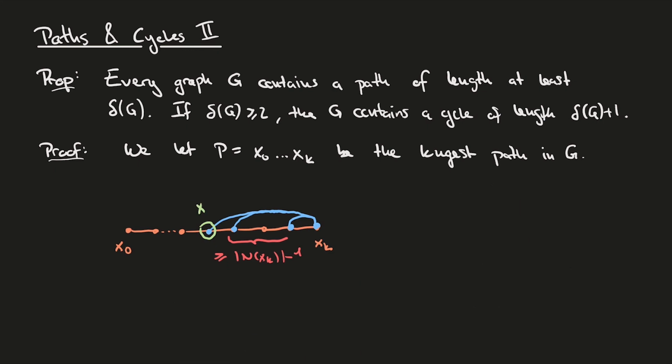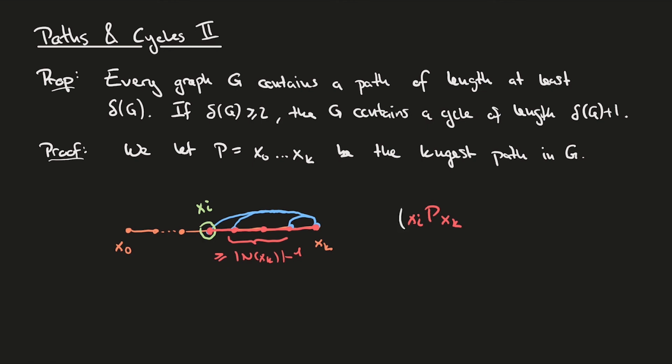If we call the neighbor of lowest index xi, we can look at the path that goes from xi along P to xk. This is the path that I'm now drawing in red. We know that this path has at least the cardinality of the neighborhood of xk minus 1 internal vertices, and then we have the two additional vertices, xi and xk.